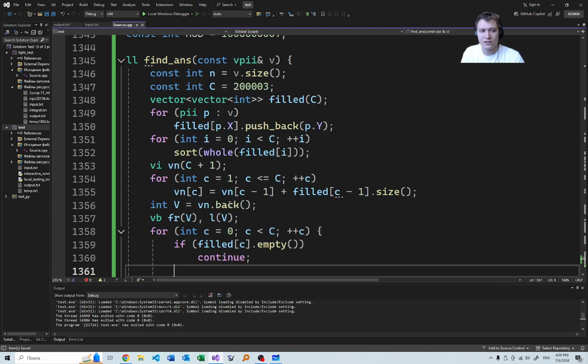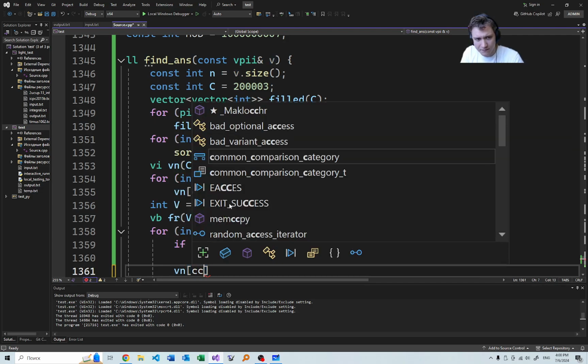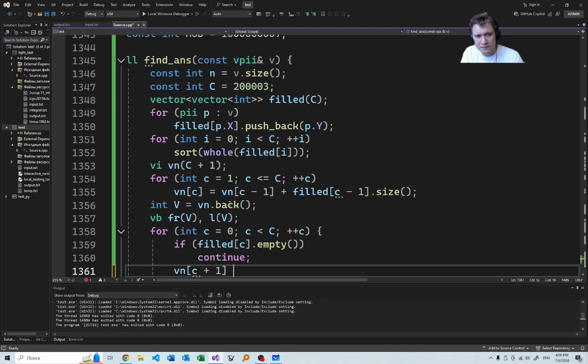Otherwise, I take the vertex number of the next column, subtract 1, and this is definitely free.